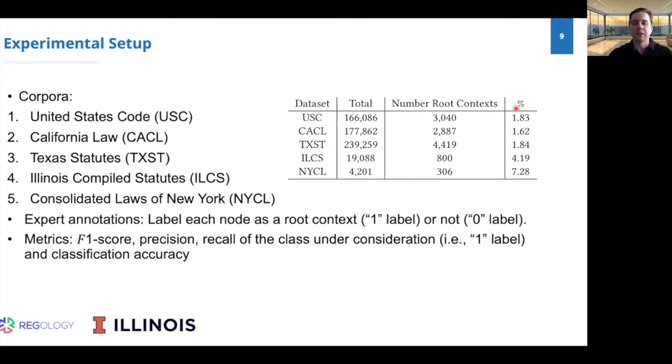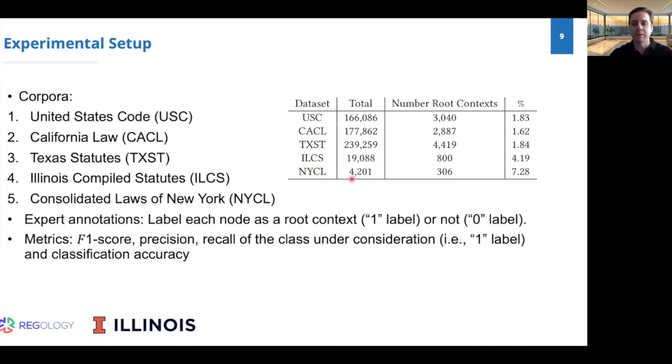In order to validate our method, we perform experiments, and our experimental setup looks as follows. We have 5 different corpora, which are United States Code, California law, Texas statutes, Illinois compiled statutes, and consolidated laws of New York. You can see the statistics of our dataset in the table on the right, where the left column has the dataset name.